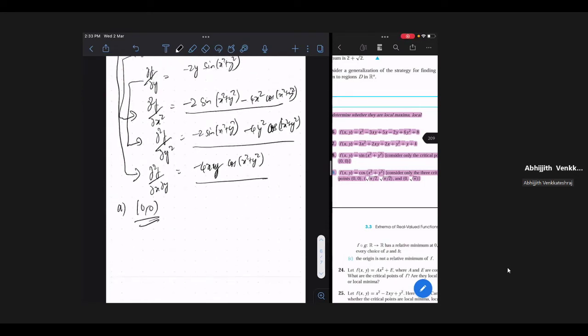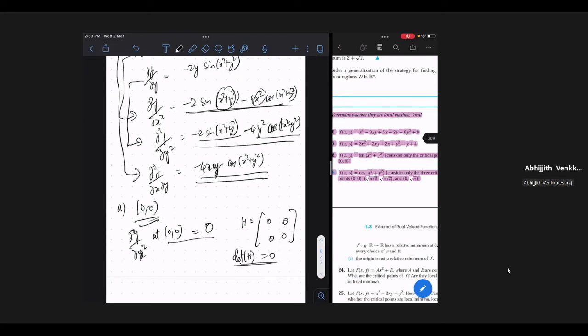Dou square f by dou x squared at the point 0, 0 is going to be 0, because you have an x term here and the sine of this is going to be 0. And this is also going to be 0 and this is also going to be 0. So all of my Hessian matrix looks like this: 0, 0, 0, 0. So my determinant is also 0.